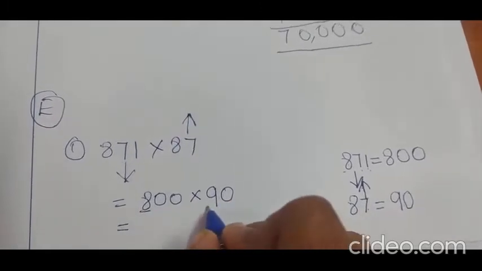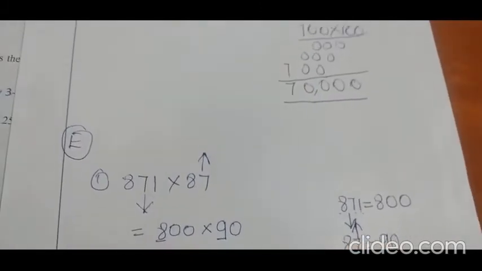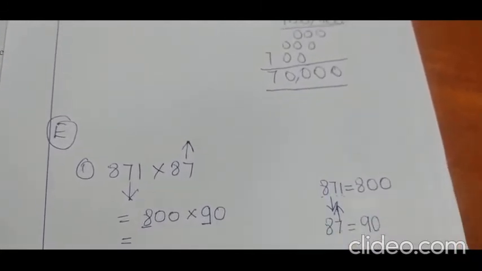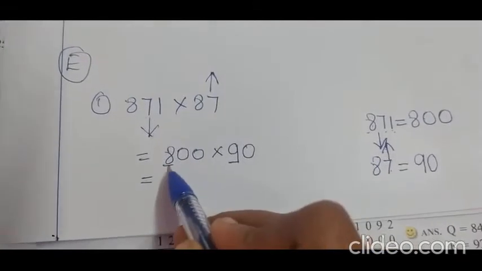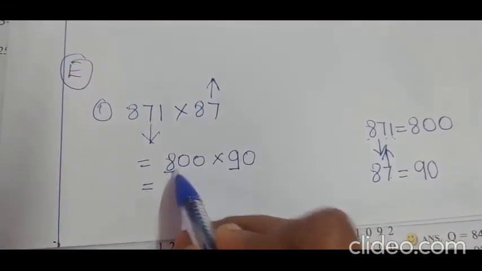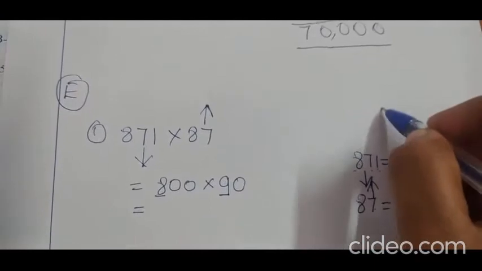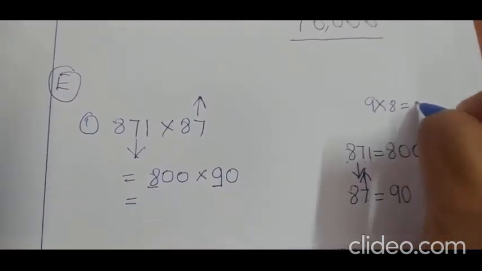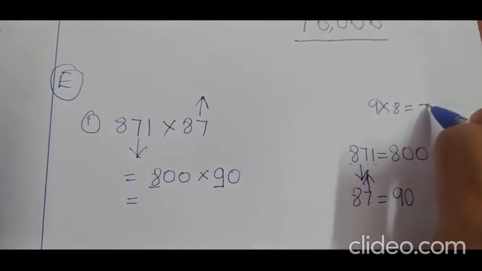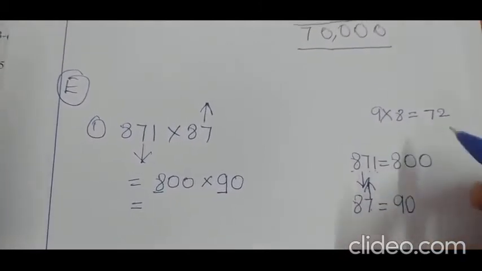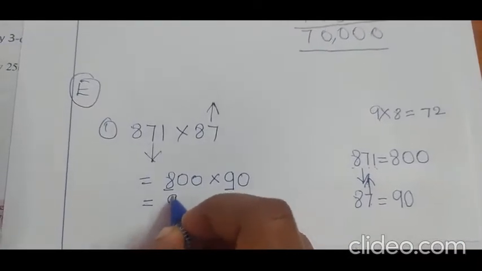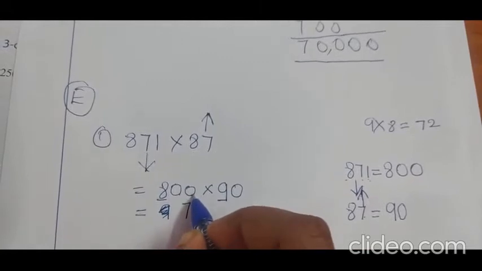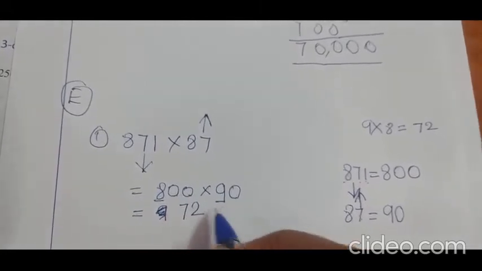First number we will multiply. 8 into 9 or 9 into 8 equal to how much? 9 8s are 72. So 72, and then how many zeros are there? 1, 2, 3.